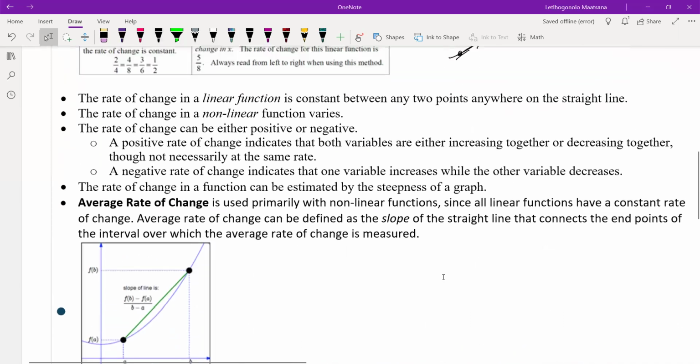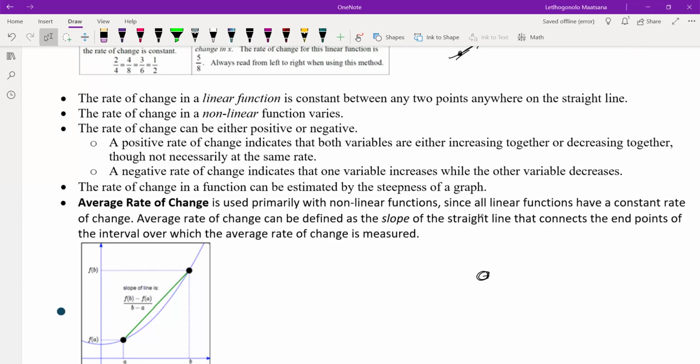The rate of change can be negative or positive. If the rate of change is positive, it indicates that both variables are either increasing together or decreasing together, though not necessarily at the same rate. So, positive, for example, let's say that you have acceleration.